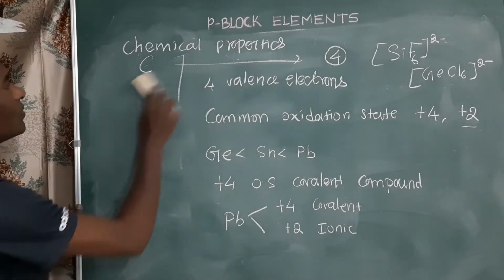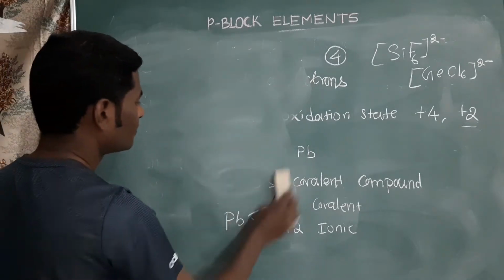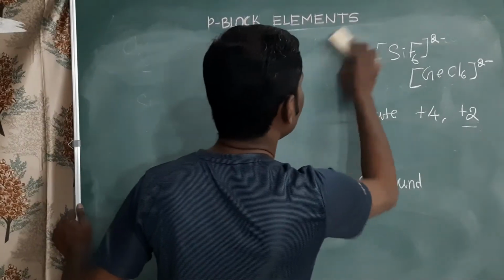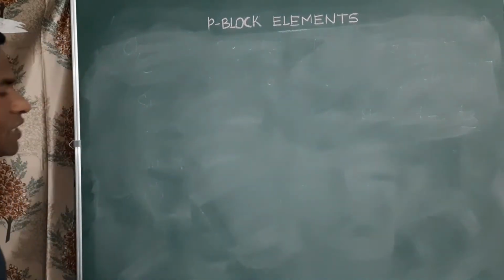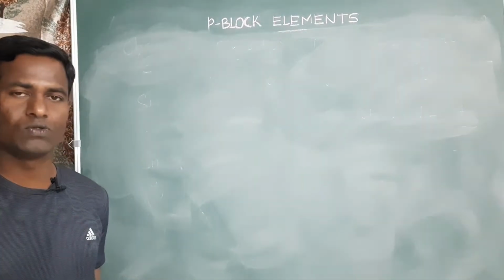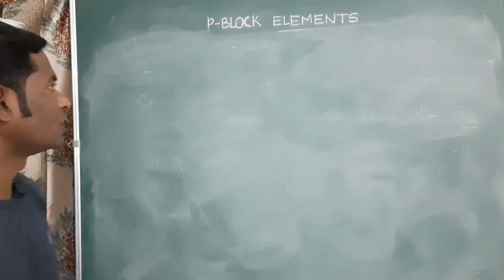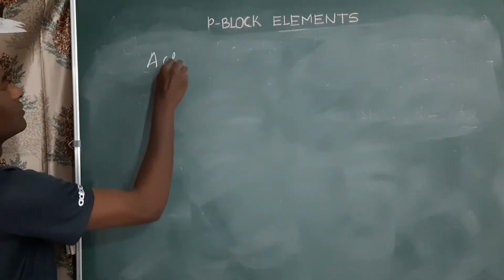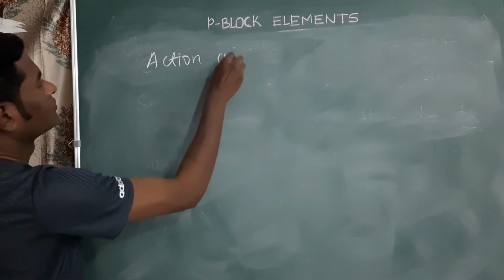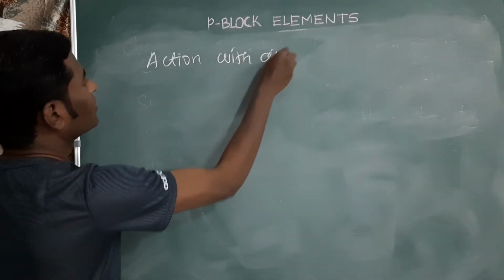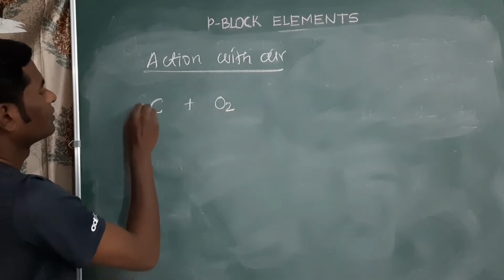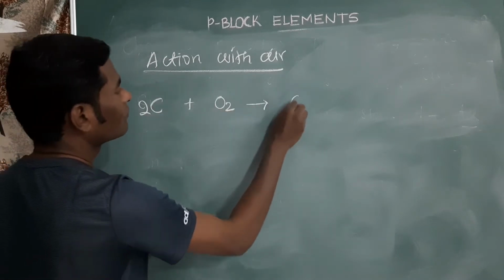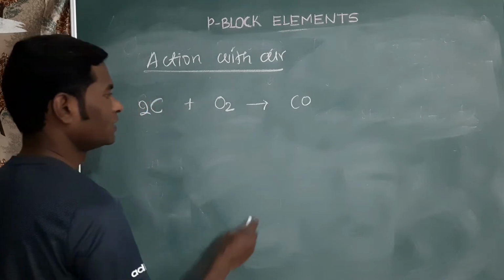Next is the reaction of group 14 elements with air. Generally, group 14 elements combine with oxygen to produce monoxide and dioxide. When carbon is ignited in an insufficient amount of air, it produces carbon monoxide.